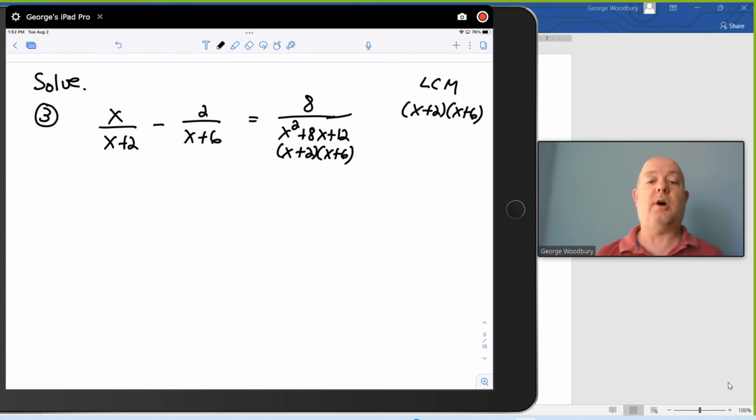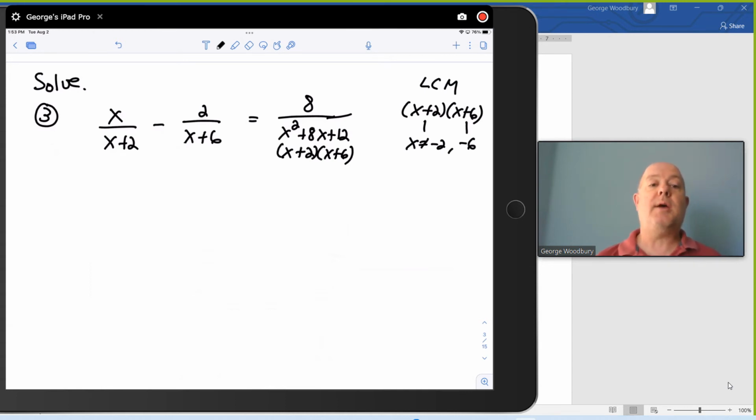Taking those first two denominators, notice the denominator on the right-hand side doesn't introduce any new factors. I also know that x cannot be negative 2 or negative 6. So if I find one of those as a solution, I have to throw that out.